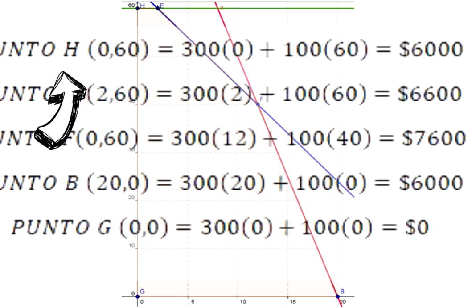At point H, we have the coordinates (0, 60), where 0 is the value of x1 and 60 is the value of x2. When substituting, we will have 300 by 0 plus 100 by 60, and the result will be 6000 at point H.